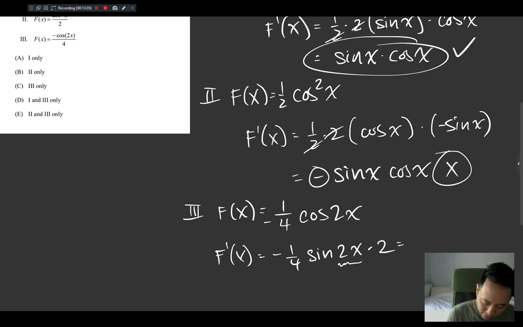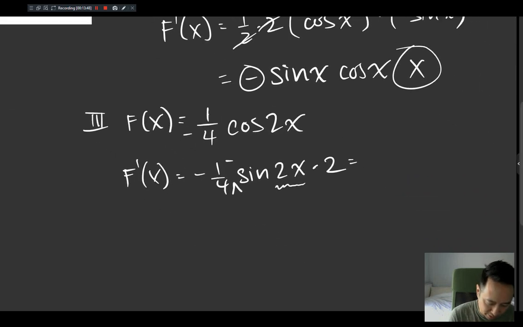Which means I get, oh wait, I made a mistake, sorry. The derivative of cosine is a negative, so I'm going to put a negative right here. Sorry about that. And if I multiply, I have 2 negatives here, I'm going to get a positive, a 2 times 1/4, that's a 1/2 sine 2x.